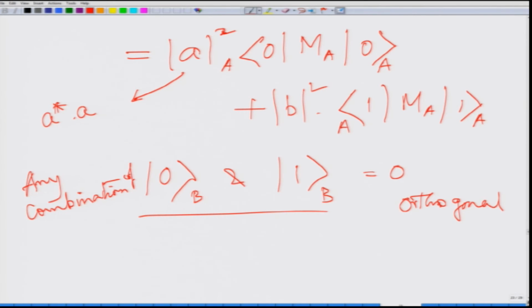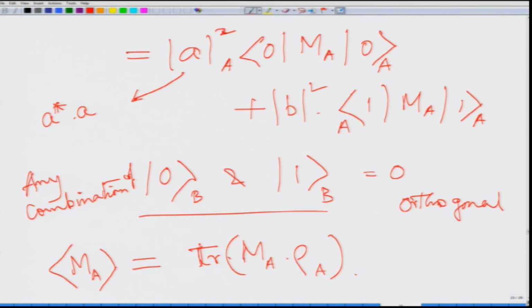All right. So once we get this, it essentially means that we are looking at nothing but the projection of M_A, which is the trace of M_A times the state that we started off with. This you have seen before.